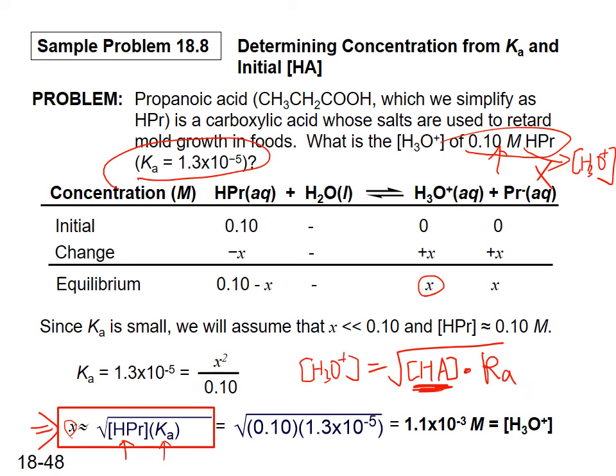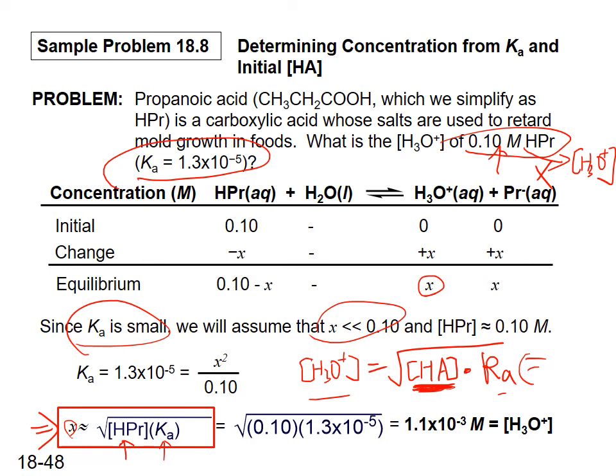So if we know the initial concentration of weak acid and Ka of weak acid, then we can also calculate hydronium ion concentration. This equation is valid if X is very small and the condition is Ka is small. So that means this is valid for a very weak acid. So you need to check that.